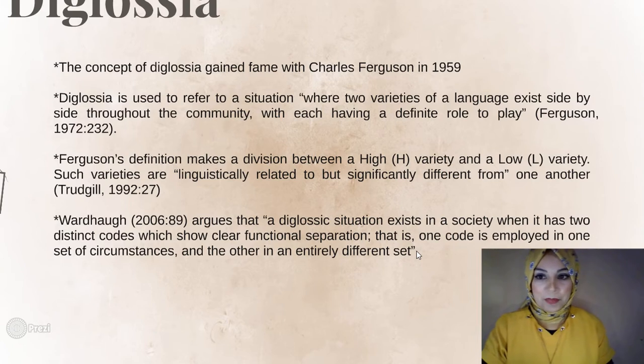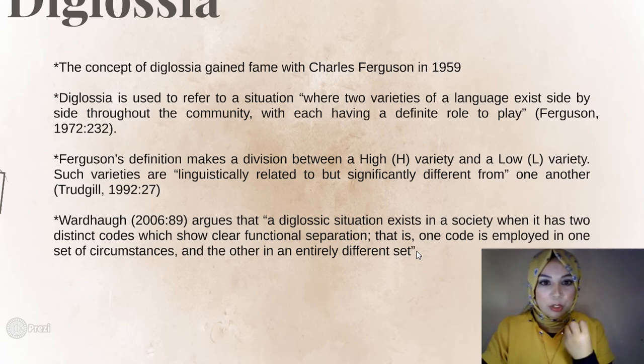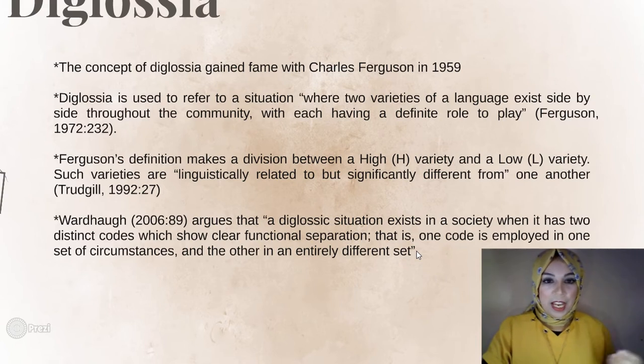This means that diglossia is a situation where there is a language, and this language has 2 varieties. So in his article he states, or more. I will give you examples. That's 2 varieties or more of one language.